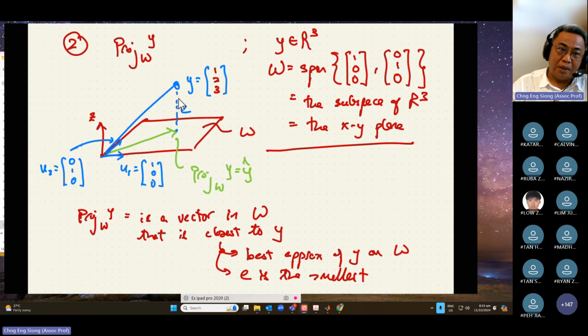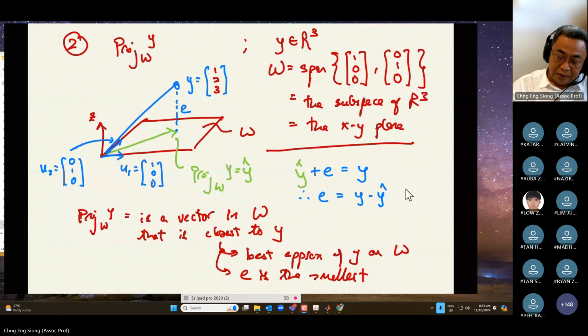So if this is Y, this guy is Y hat. So therefore, Y hat plus who, guys? Plus E equals to Y. So it's Y hat plus E equals to Y. And therefore, E is equals to Y minus Y hat. The error.